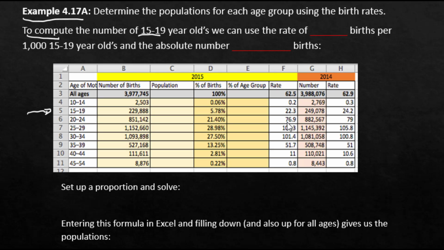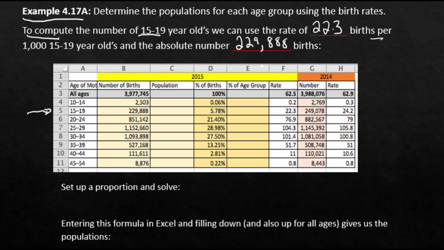So I'm going to use the rate of 22.3 births per 1,000 women. That's the rate. It's not really explicit here, but that's what it is. And I'm also going to use the absolute number of births, the number of babies that were born to that age group, which is 229,888.